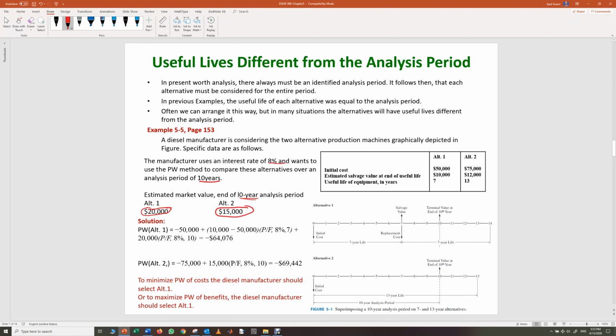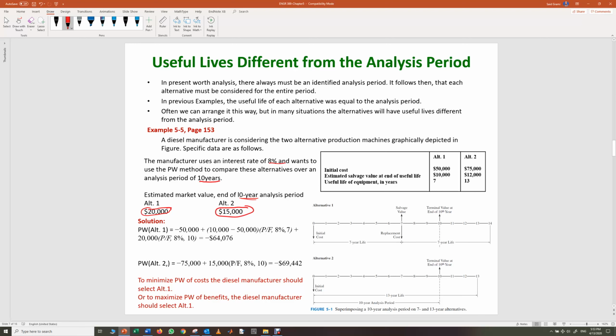After 7 years, this is the end of the useful life, so we have to sell the machine and buy another one to cover the remaining 3 years. In the second alternative, the useful life is bigger than the analysis period, so we just cover 10 years, and we are going to calculate the present worth for both alternatives and make a decision regarding these two alternatives.